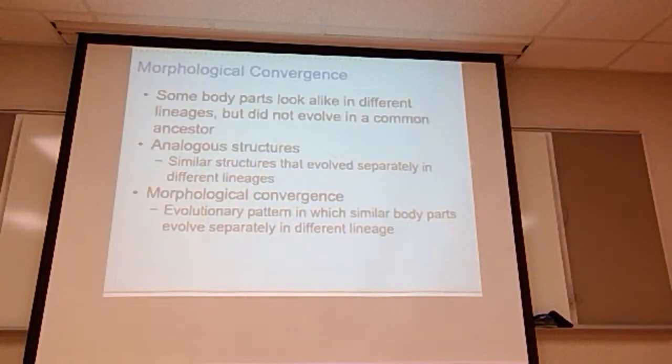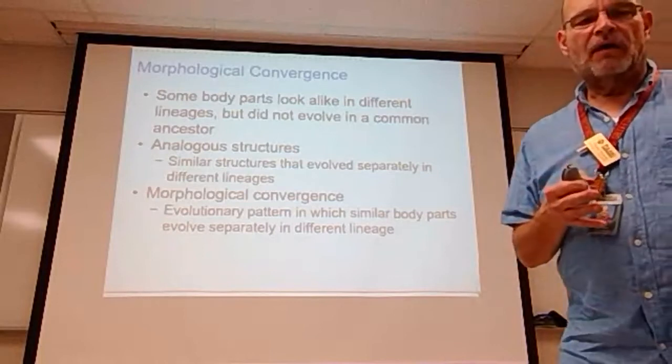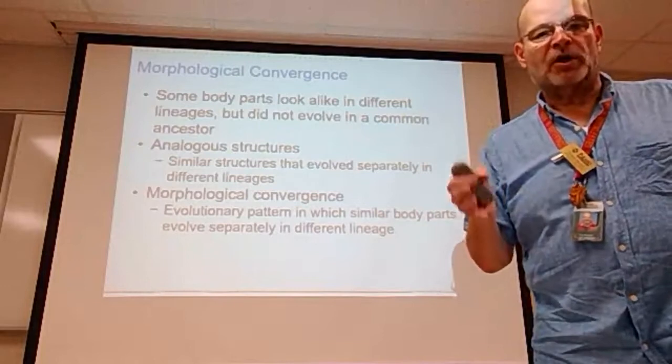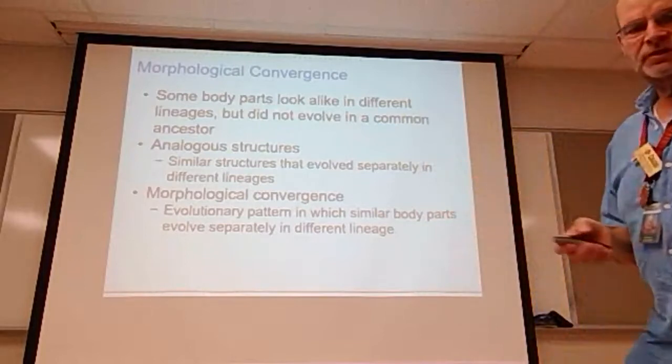Some body parts look alike in different lineages, but did not evolve in common ancestry. These are called analogous structures. Think about the wings of a bat and the wing of a butterfly. Those are analogous structures.